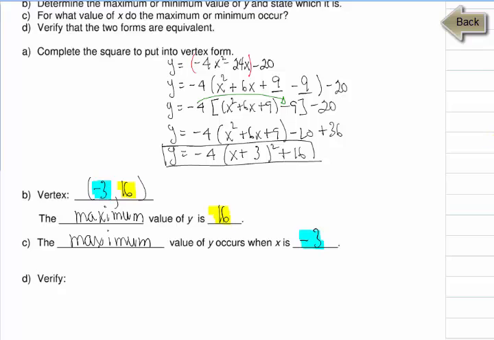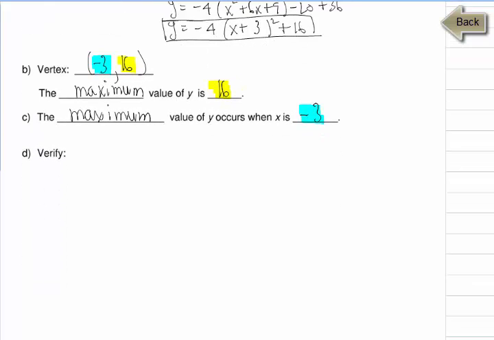The next thing we're asked to do is to verify, and we are going to do that using two methods. The first one is we're going to work backwards. So we take our parabola, or our quadratic, in vertex form, and we're going to expand and simplify to get back to our original standard form quadratic. So the first thing I want to do is square my binomial.